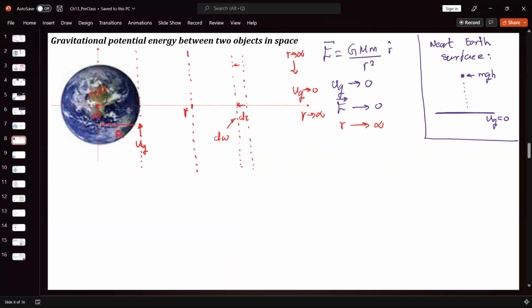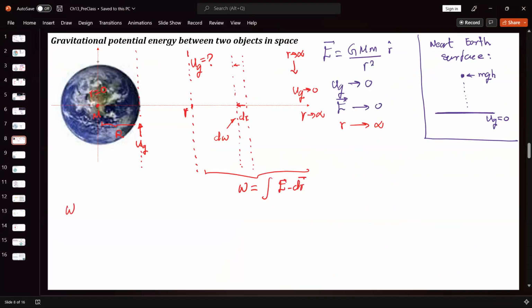Then if I want to calculate the gravitational potential at this particular point, I have to calculate the work done from infinity all the way to that r location, right? If I know that total work done, it is going to be the sum of all the small work done, which means the integral of F dot dr. Okay, so that's the idea.